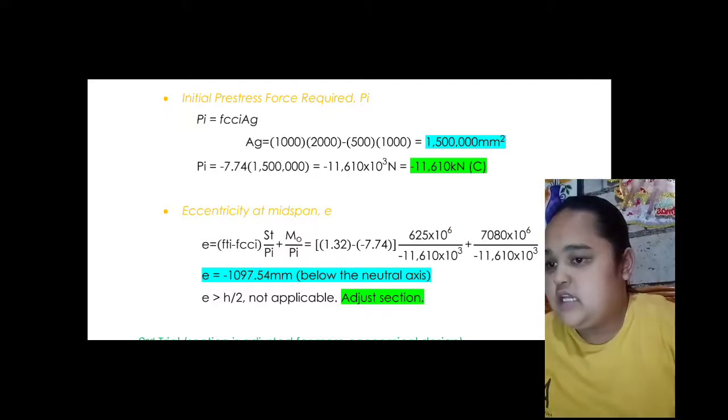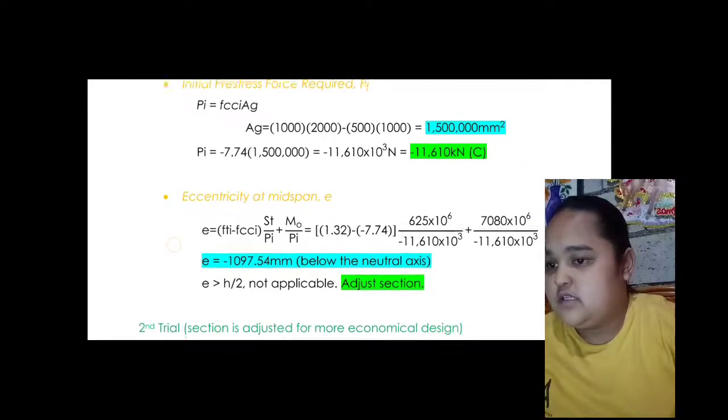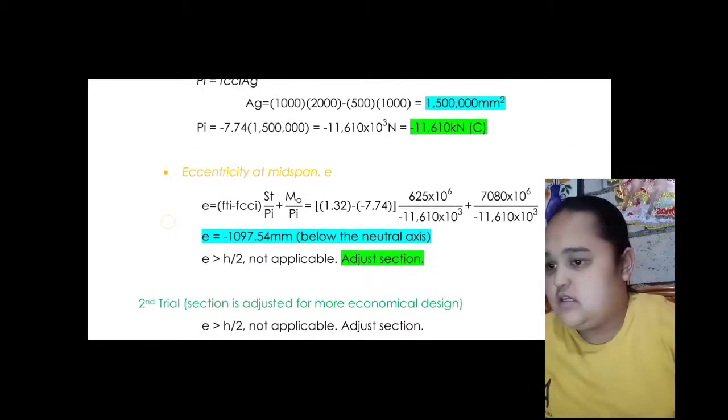The eccentricity at midspan, E, is (FTI minus FCCI) times ST over P plus MO over PI. And the value is negative 1097.54 mm below the neutral axis.